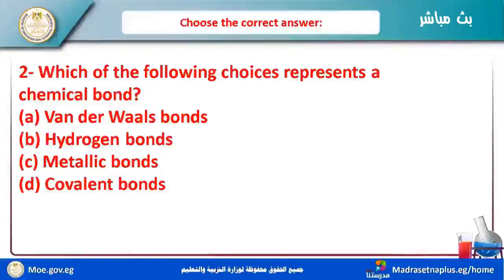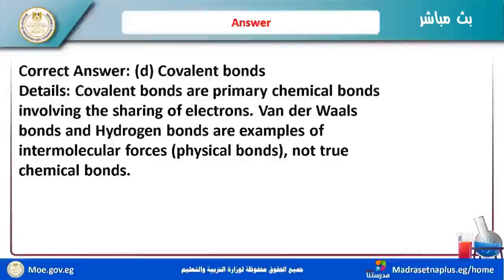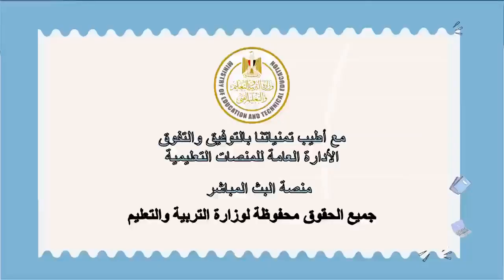The one that needs sharing of electrons is D. It's a covalent bond, because a covalent bond depends on the sharing of electrons between two or more atoms. So it involves sharing of electrons, while van der Waals bonds and the others are not.